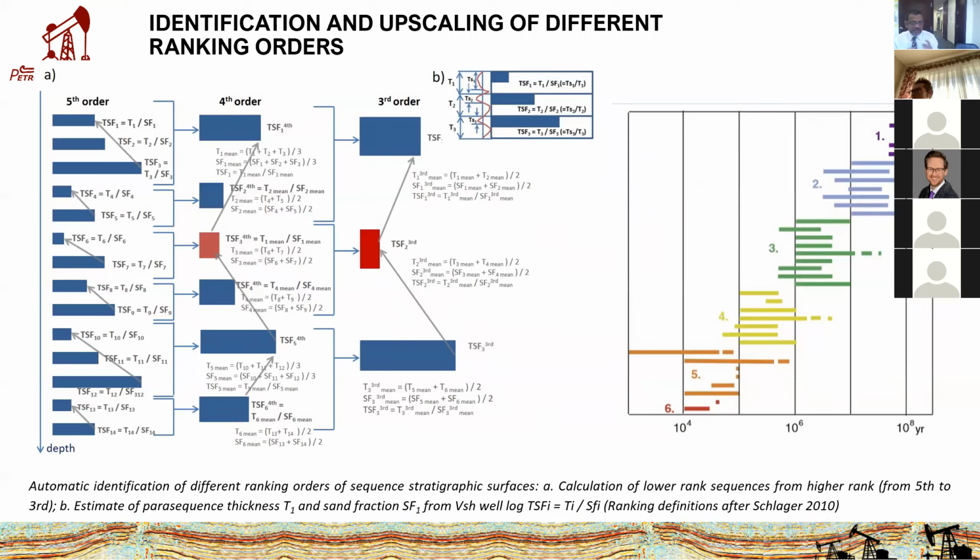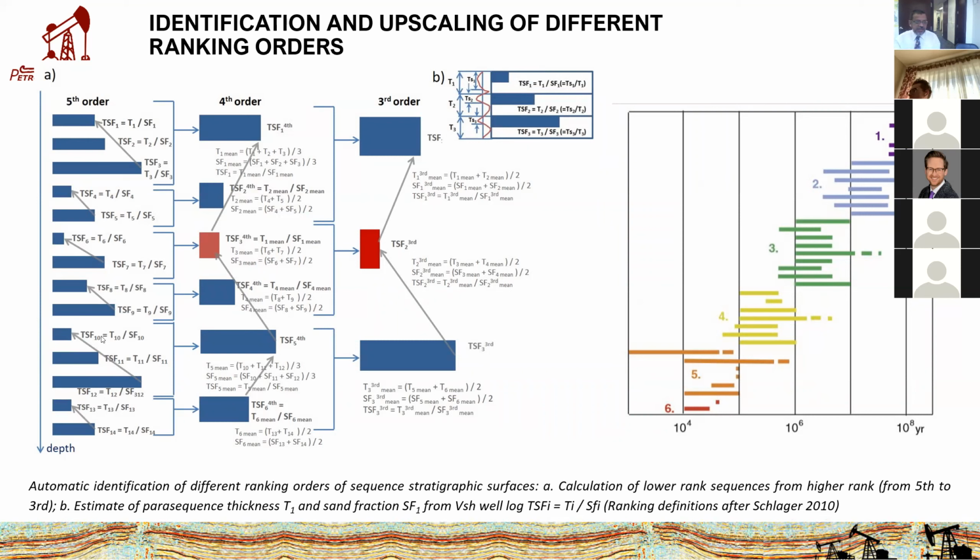Once we have those fifth order sequences, then if the ratio or TSF changes, like toward more sandy to shaly, so if you get less sand and more sand, as you go shaly, sandier, then all that total package will become a single sequence boundary.